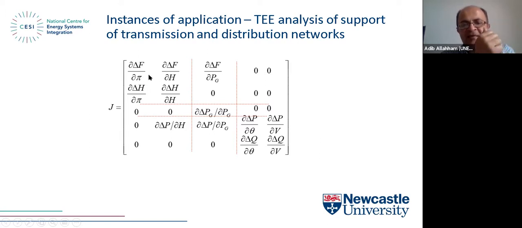In the lower part is the component related to the electricity network. And in the middle you can see the components related to the coupling components. For example, if we have power to gas, in the first column up you can see the change of flow as a result of operating the power to gas.